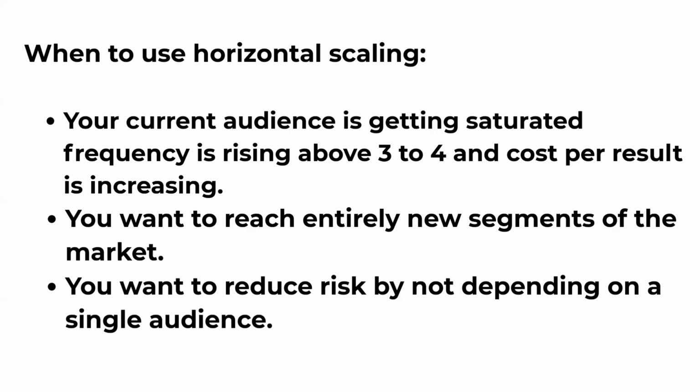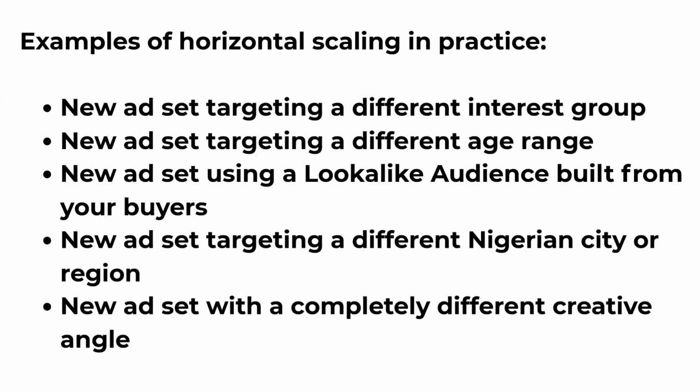So if you want to reduce that risk and make sure that you do not have just one campaign, you have to use horizontal scaling to create similar adverts, at least with the same creative that you're already using that is working. So let me show you an example of horizontal scaling in practice. I create a new ad set that is targeting a different interest group.